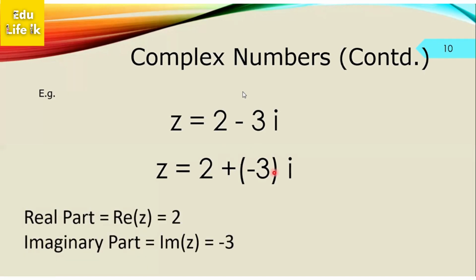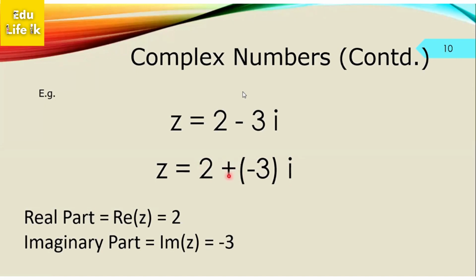So the real part, now the plus sign is there. Real part is 2. Imaginary part is, sorry, minus 3. Always keep in your mind, in between the real number and the imaginary number, the plus sign should be there.